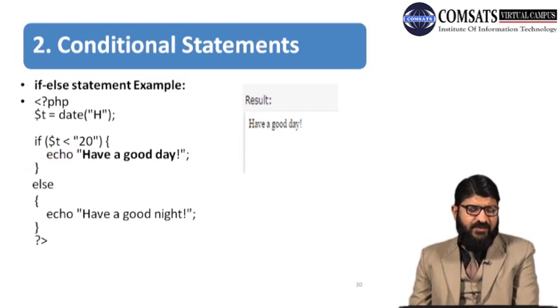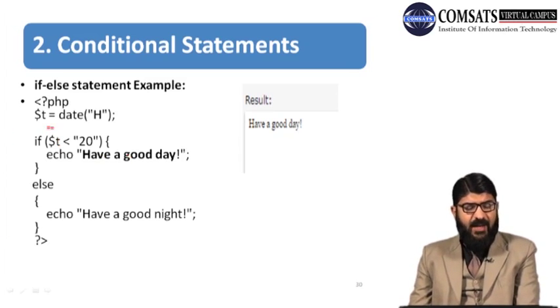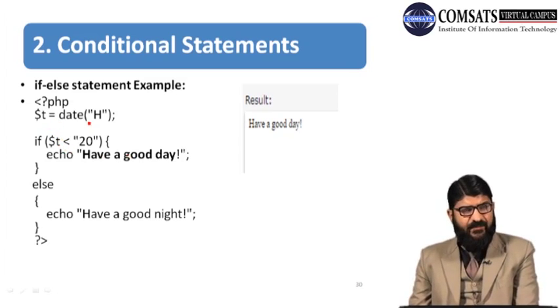Else, if the condition is false, print "Have a good night". In this case, the t variable is less than 20 for the date, so the if statement is executed, and the result "Have a good day" is displayed.